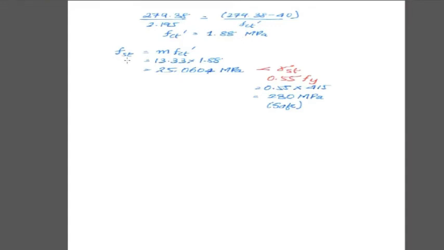The stress in the tension zone is nothing but m into Fcd dash. So after substituting this, we get the value of 25.0604, which is less than sigma st.